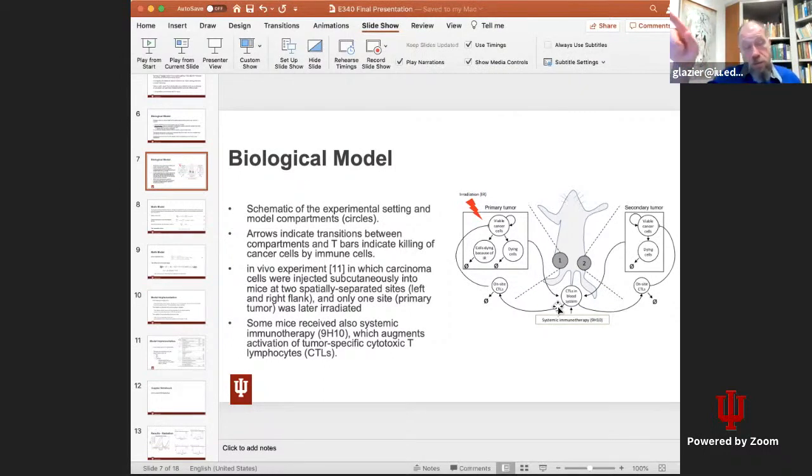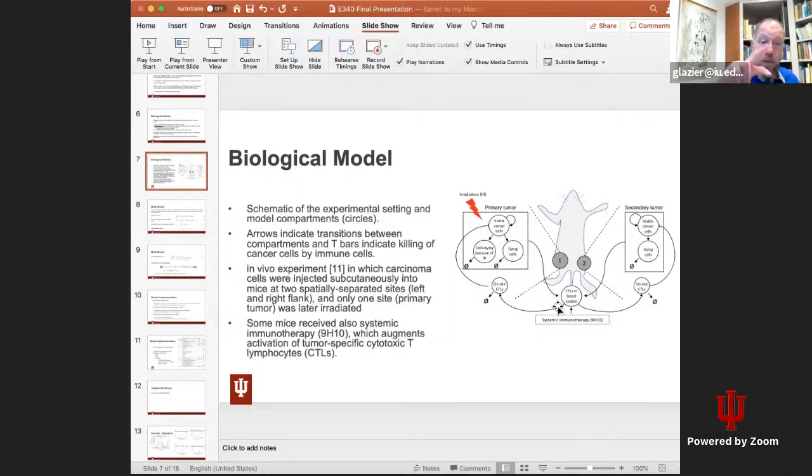But the second tumor keeps growing because it doesn't see the radiation. Then the third thing is I add the immune response. I irradiate the first tumor, it shrinks. The immune cells come in and they kill the cells in both the first tumor and the second tumor. So the second tumor shrinks because of the immune response, even though I didn't irradiate it.